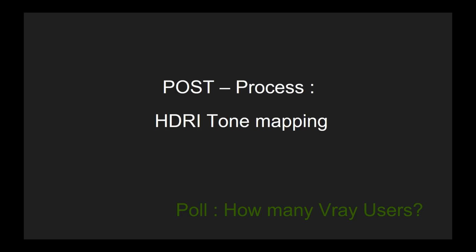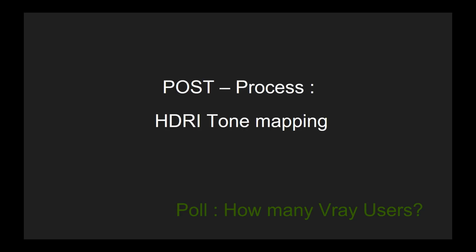I'm going to explain a little bit what is for me essential in the post-process, which, as you can see here, is HDRI tone mapping. So the reason why that is, first of all, I'd like to poll this question: how many of you have used V-Ray? Are you a V-Ray user, regardless of Unreal Engine?